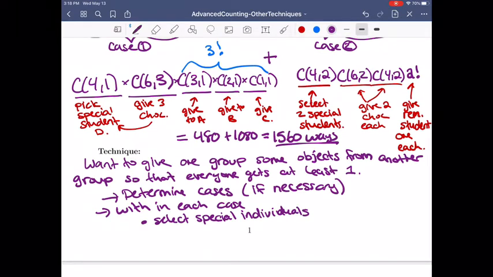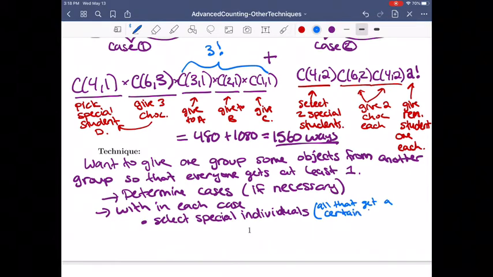And what I mean by special is all that get a certain number of objects that you're giving out. So you want to select them, and then you want to give them their objects.